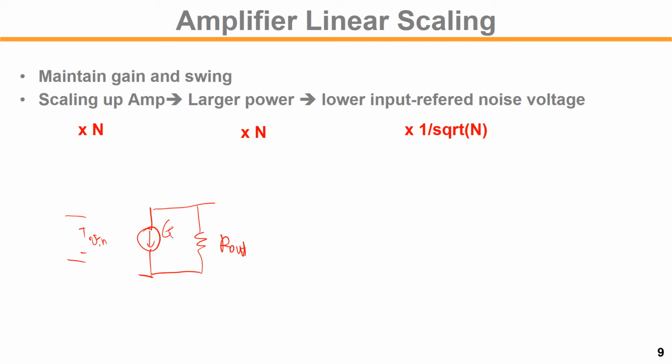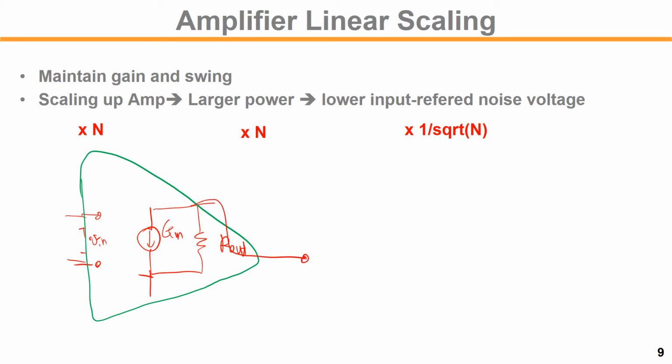And the big Gm. This is a typical equivalent amplifier model, right? So you get the output voltage, Vout, right? This is ground.